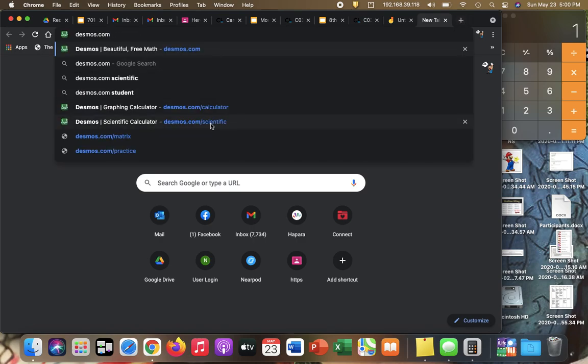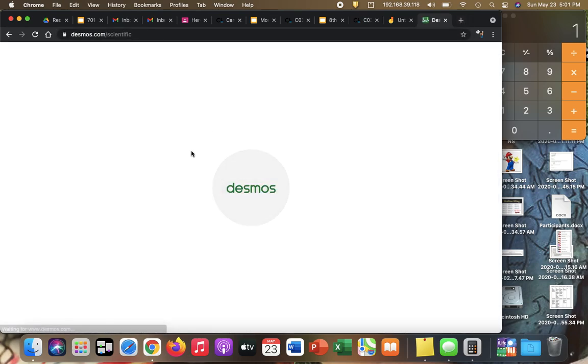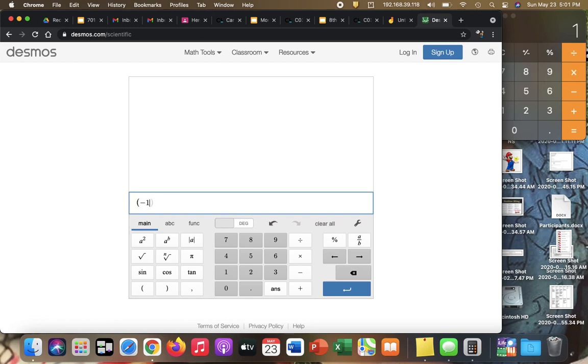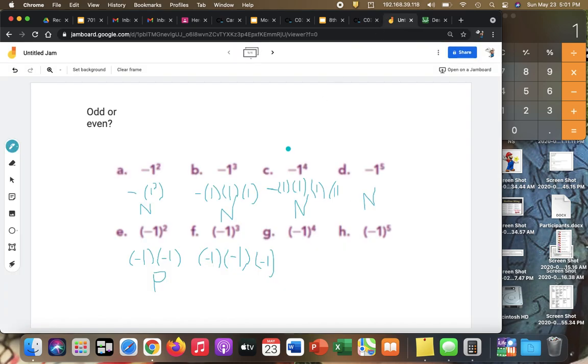So I'm going to use Desmos and watch what happens. Negative 1 times negative 1 gives me positive 1. If I multiply that by another negative 1, I'm going to get negative 1. So this gives me a negative answer. So negative 1 to the third power, in parentheses, gives me a negative.